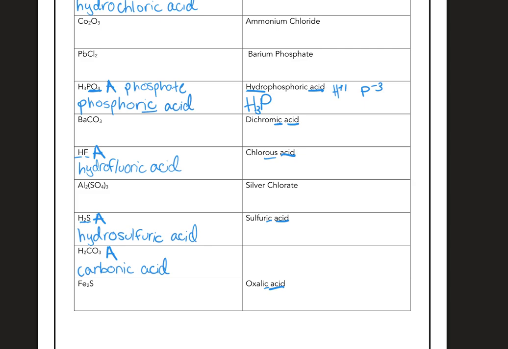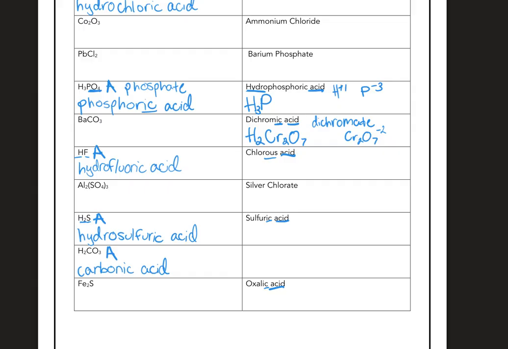So that means that dichromic acid is a hydrogen bonded to dichromate. So I'm just going to go look at the back of my periodic table, find dichromate, and it tells me that it is Cr2O7 with a -2 charge. So I need to have 2 hydrogens to cancel out my dichromate charge, and then I'm going to add my polyatomic to the end.